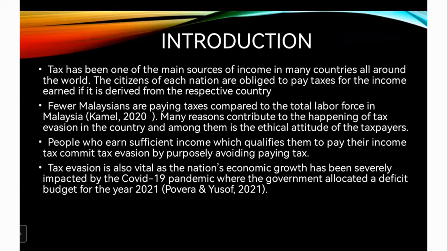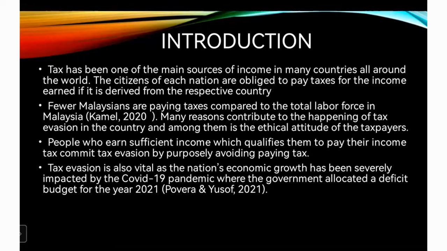So in Malaysia, the problem is that a lot of people are evading tax, and they have reasons why they are doing that tax evasion. So many reasons contribute to the happening of tax evasion in the country, and among them is the ethical issue of the taxpayer. So therefore, we have some research that we have done here.